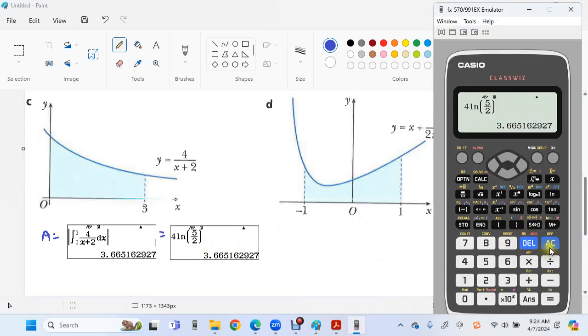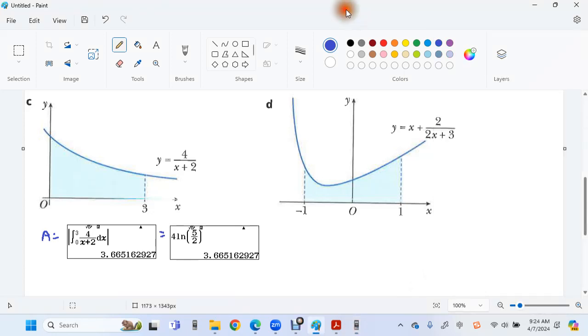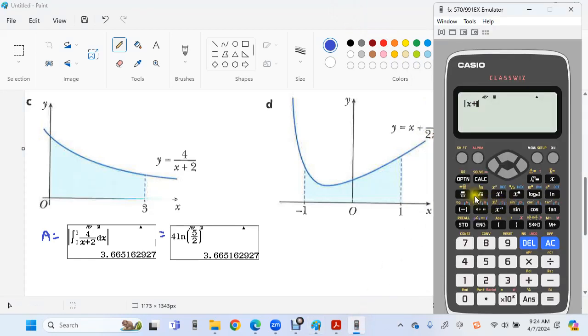So for the proper full step, the one I will write when I do the past year question is 2 over 2x plus 3, from, oh, I missed out the integration sign. So what we can do here is I write a bracket here.